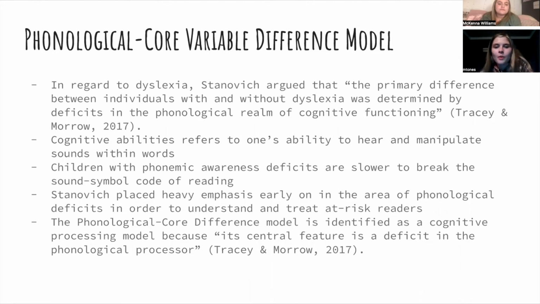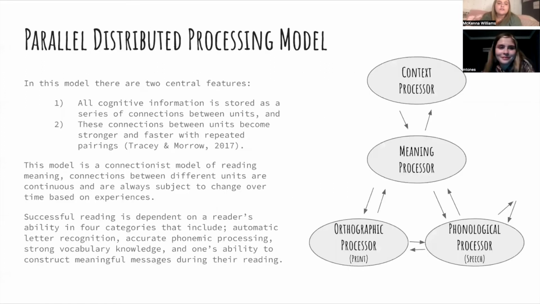Children with phonemic awareness deficits are slower to break the sound-symbol code of reading. Stanovich placed heavy emphasis early on in the area of phonological deficits in order to understand and treat at-risk readers. The phonological core difference model is identified as a cognitive processing model because its central feature is a deficit in the phonological processor.